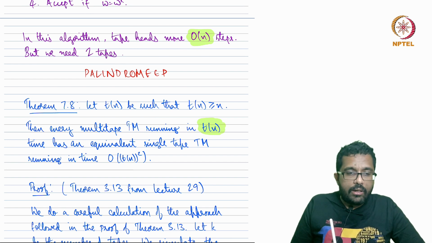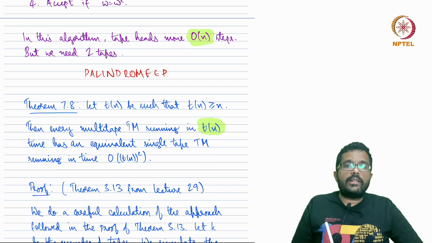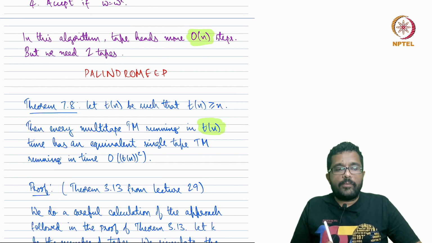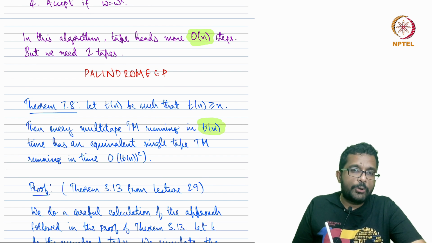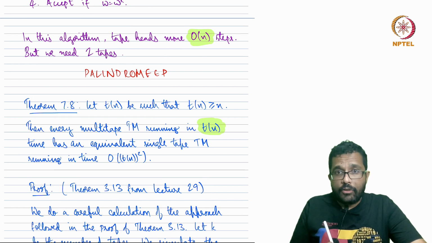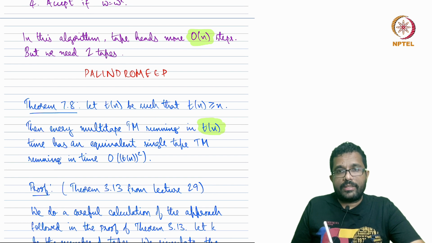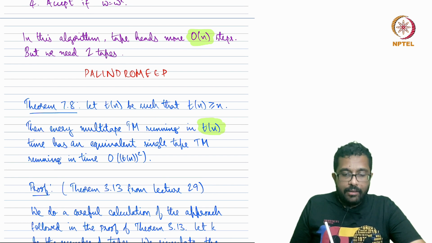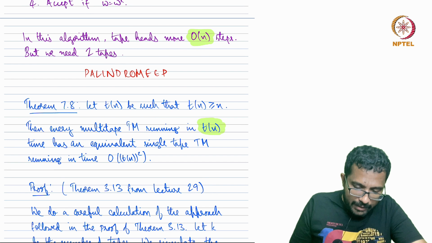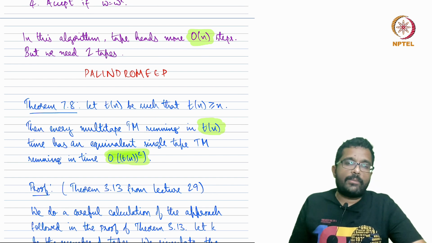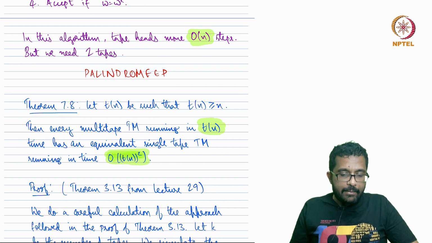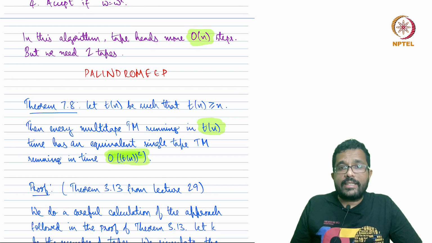But now if you remember when we studied multi-tape Turing machine and the equivalence to single tape Turing machine, we saw that anything that a multi-tape Turing machine can do can also be done by a single tape Turing machine, right? What this theorem states is that the single tape Turing machine to decide the same language as the multi-tape Turing machine takes time order T(n) squared.